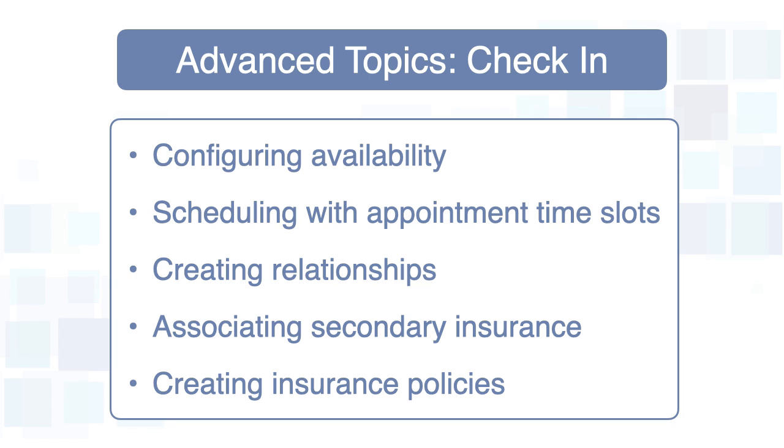So if you have a recall appointment, you can have it so that only 15 minutes is required for the dentist exam, and that way only 15 minutes would show up on their schedule, instead of the full duration of the appointment. You could look at defining more relationships or associating a secondary insurance policy, as well as creating and managing the details of those insurance policies.